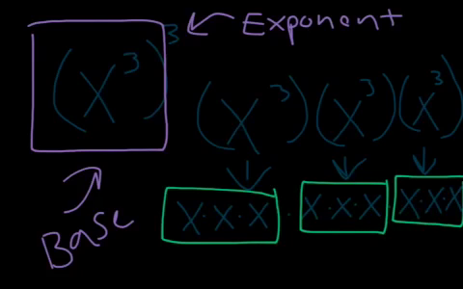Now how many x's do we have? We have 1, 2, 3, 4, 5, 6, 7, 8, 9. And so we write x to the third raised to the third power as x to the ninth.